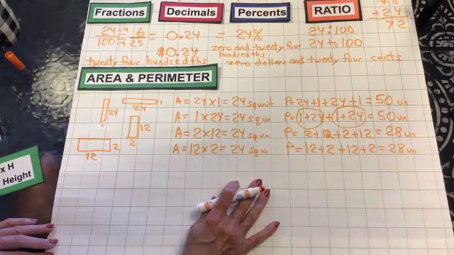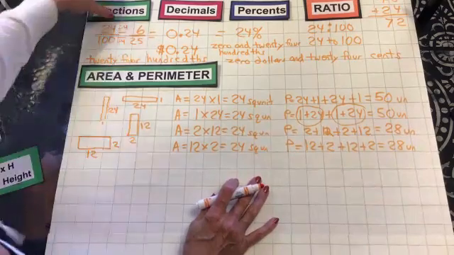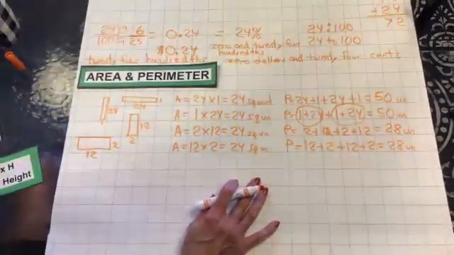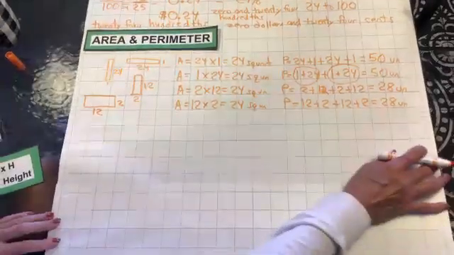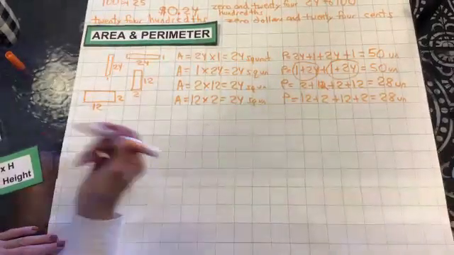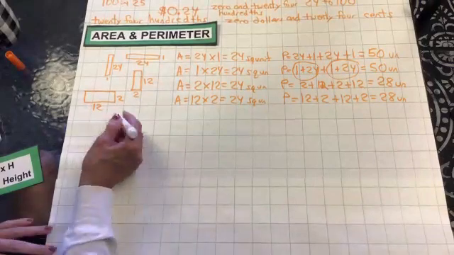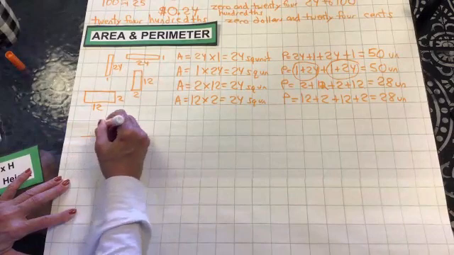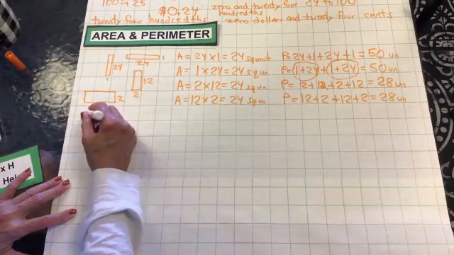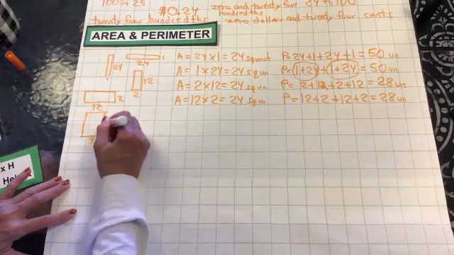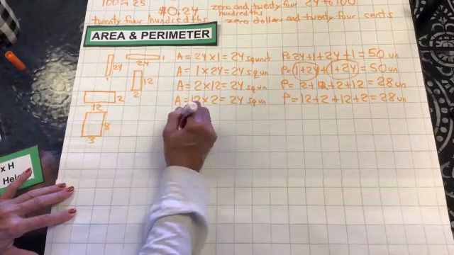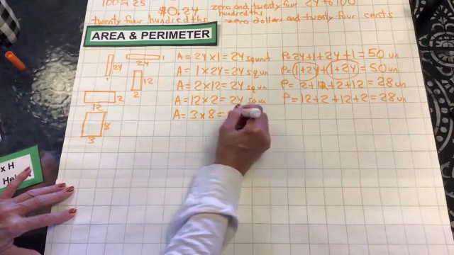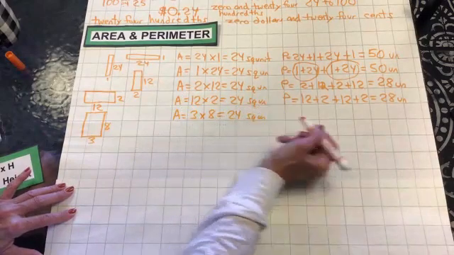All right, we're going to go on to 3 by 8. Let me move this up so we have plenty of room here. So now with our 24 squares, we can do a 3 by 8. So I'm going to do that right here. So area equals 3 times 8, and 3 times 8 is 24 square units.